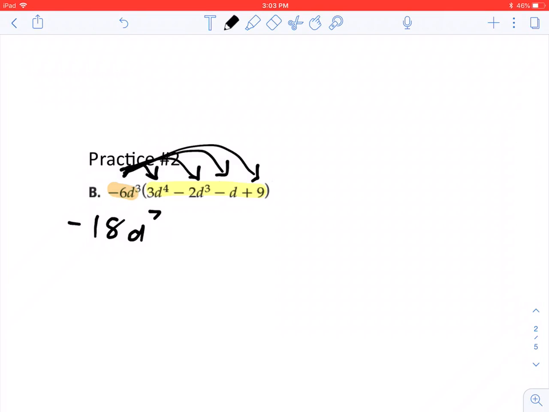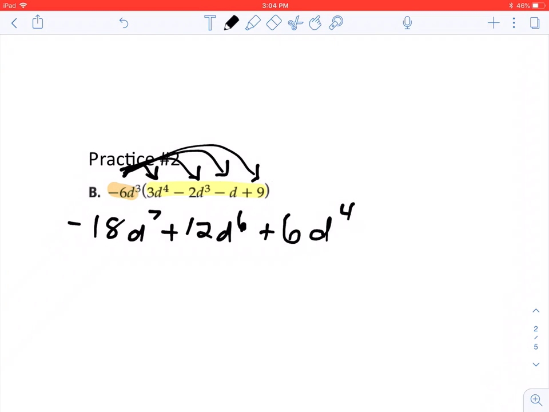So that becomes negative 6 times negative 2 is positive 12d to the 6th. Powers on the variables always add. Negative 6d to the 3rd times negative 1d. Negative 6 times negative 1 is positive 6. And then d to the 3rd times d to the 1st is d to the 4th.